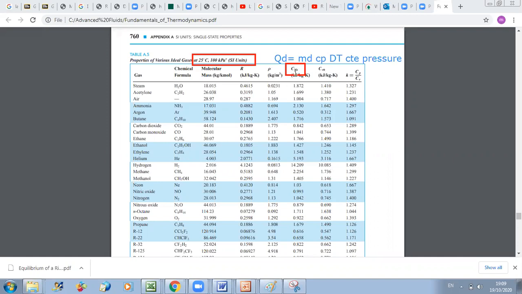You have here the value for specific heat at constant pressure and at constant volume. In case you have a gas, you can treat it in general as an ideal gas.